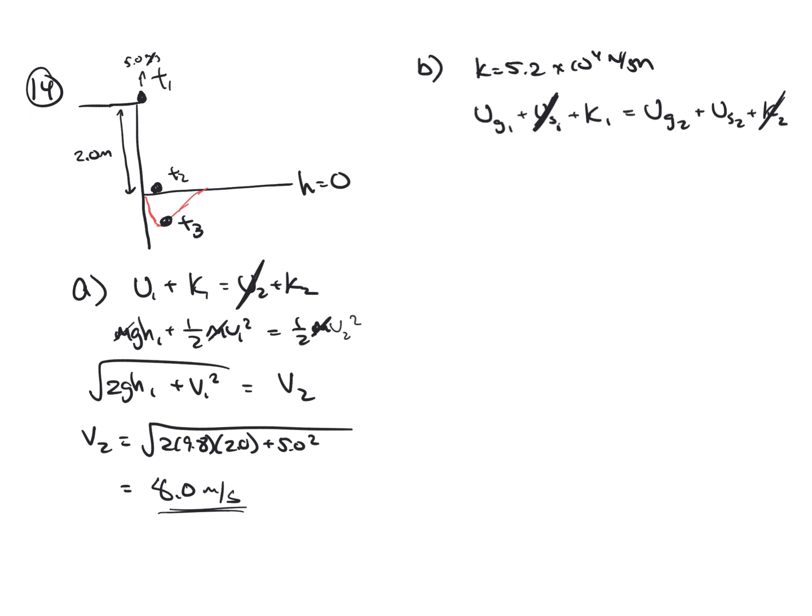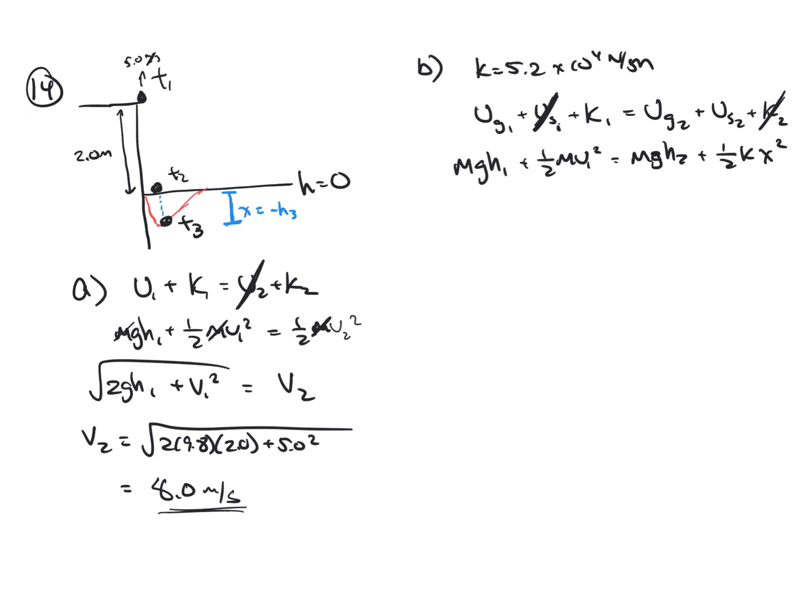All right, so now we'll go mgh1 plus half mv1 squared equals mgh2 plus half kx squared. One very important key here is to recognize that the amount that the spring stretched by, which is x, is going to equal negative h3.